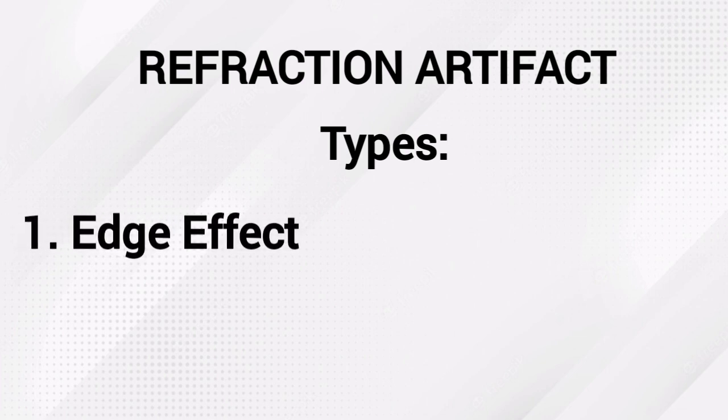The other artifact is the refractive or refraction artifact. Refraction artifact is the bending of the sound beam at an oblique interface between tissues of different acoustic velocities. There are different types of refractive artifacts. One type has the appearance of a refractive shadow caused by defocusing of the sound beam at the edge of a cystic structure, and this is also known as the edge effect.